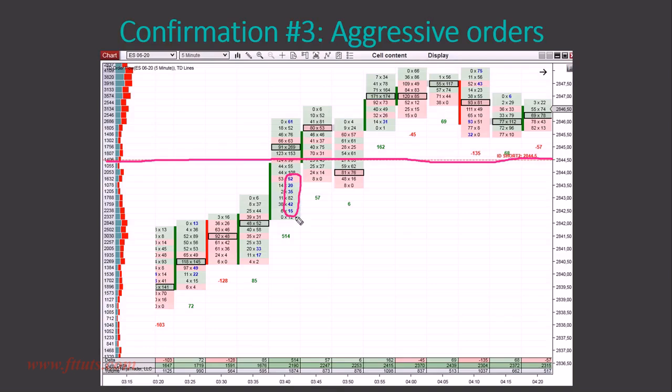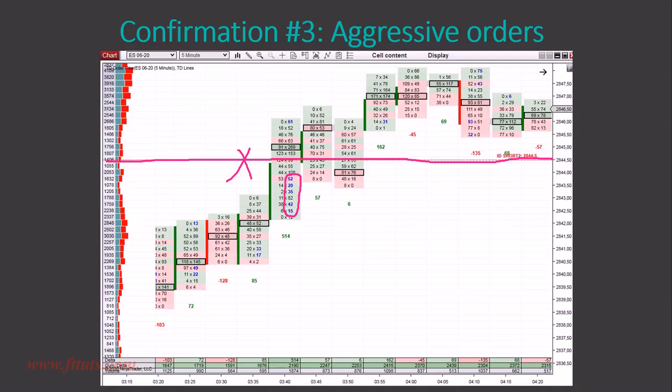A lot of buying imbalances telling me that buyers dominate the market, they are more aggressive than the sellers, and it's definitely not a good idea to enter a short, even though I had a resistance that I wanted to go short from there. But there were those buying imbalances, and even if I was awake and at the computer, I would not enter a short from there because of those imbalances.